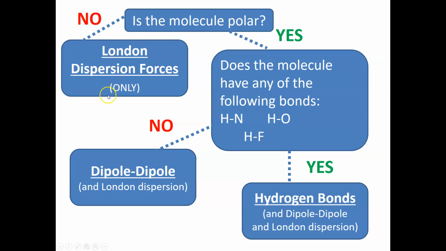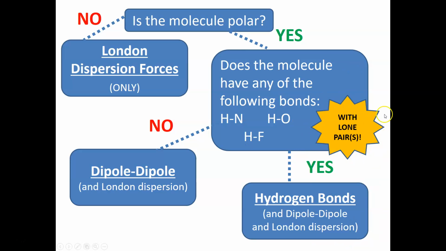If it's not polar, your only choice is London dispersion forces. If it is polar, you have to ask yourself, does the molecule have any of the following bonds? H-N, H-O, or H-F? And now I'd like you to add this to your flowchart in some kind of bright color, big, bold, obvious: yellow highlighter, red pen, exclamation points.